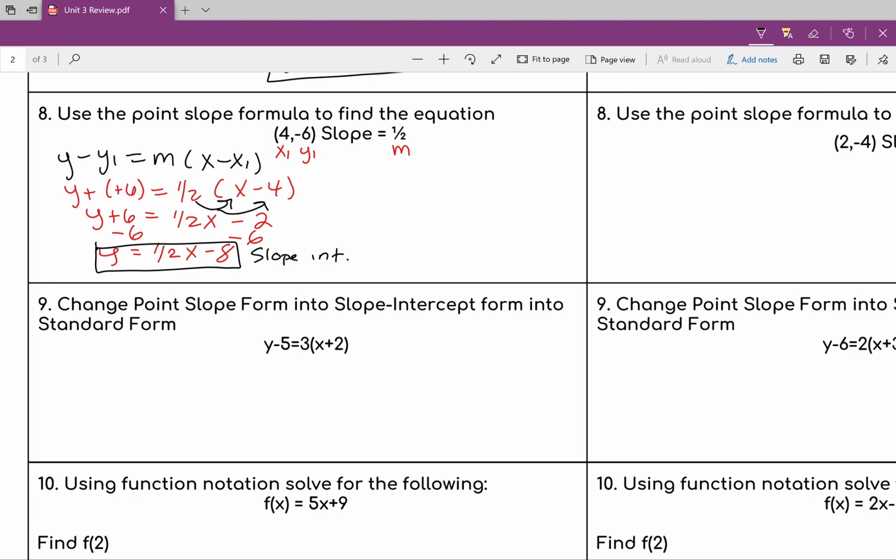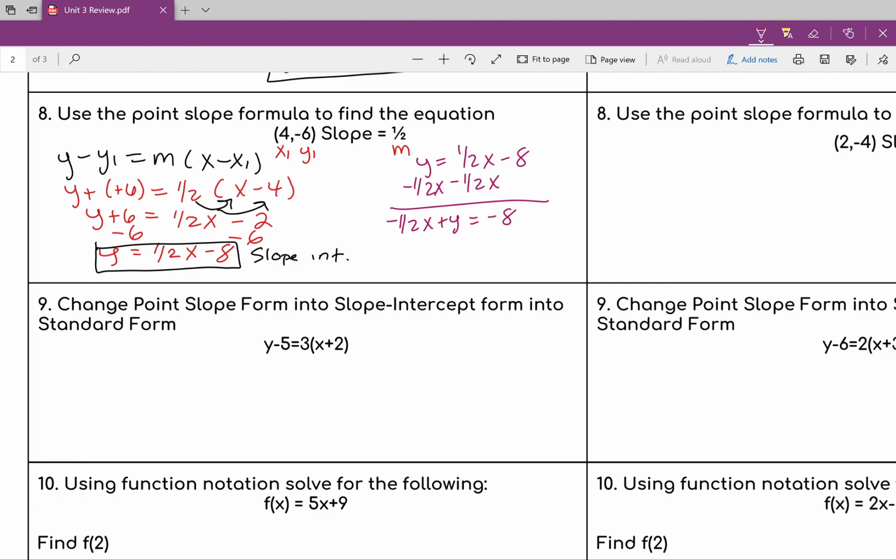Okay, and let's go one step further and turn it into standard. Remember, in standard, we have to get x and y on the same side. So I have y equals 1/2 x minus 8. I'm going to have to subtract 1/2 x to the other side in order to get x and y on the same side. So I have negative 1/2 x plus y equals negative 8. I cannot have a negative 1/2 in front of the x.